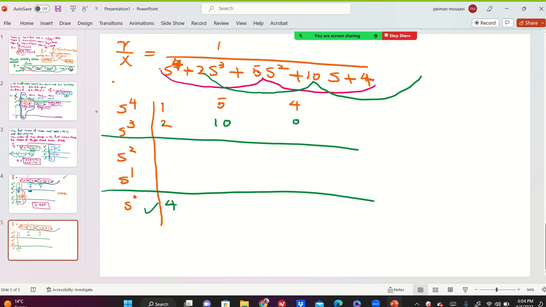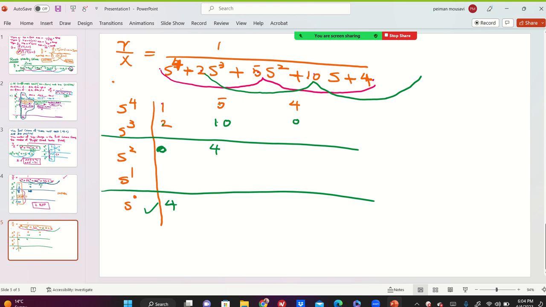Now, this line. 2 multiplied by 5, 10, minus 10 is 0. Okay. 2 multiplied by 4, minus 0 divided by 2, is gonna be 4.